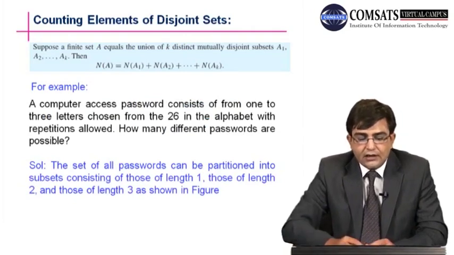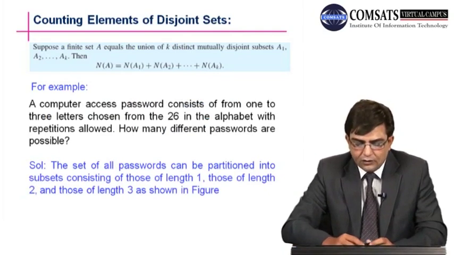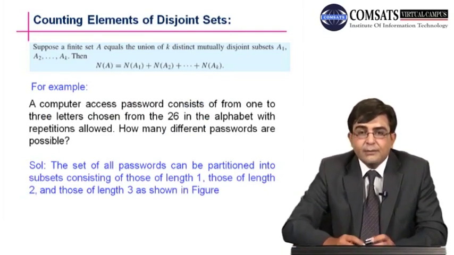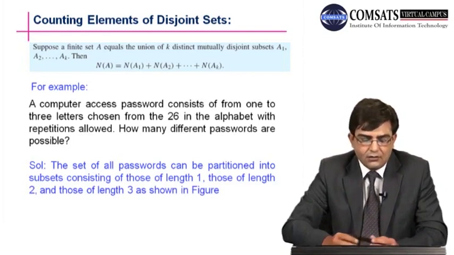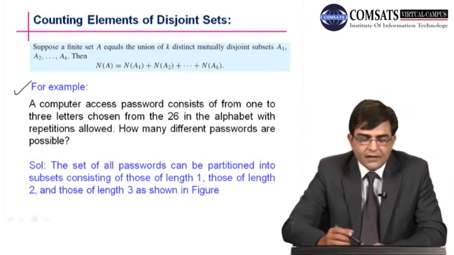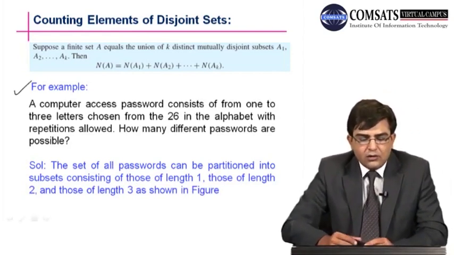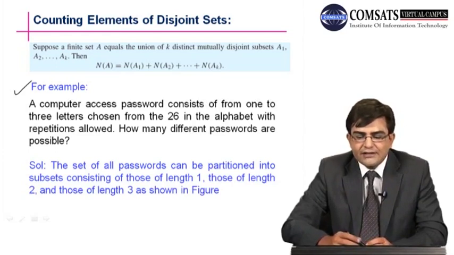Now we start counting elements of disjoint sets. What is the application of this topic, we'll see on the next slide, where the example is given here. Suppose we are given a finite set A equals the union of k distinct mutually disjoint subsets. Now what are distinct, mutually disjoint subsets?